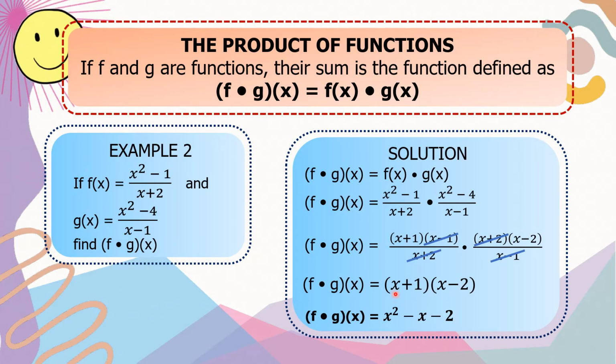So x times negative 2 is negative 2x. Yan yung ating extremes. Sa means naman natin is positive 1 times x is 1x or x. So i-combine na natin, negative 2x plus yung ating positive x is equal to negative x.